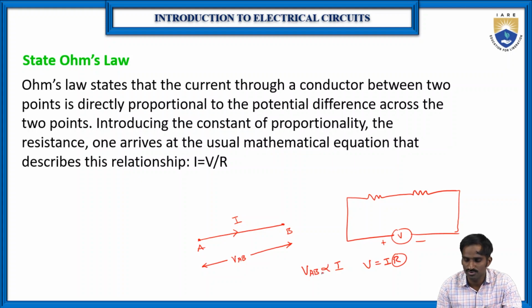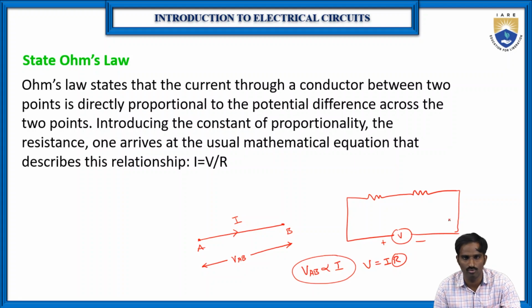So Ohm's law: the current through a conductor between the 2 points is directly proportional to the potential across the 2 points at constant temperature. That is Ohm's law. Because if you don't consider constant temperature, then this relation will not be obeyed.